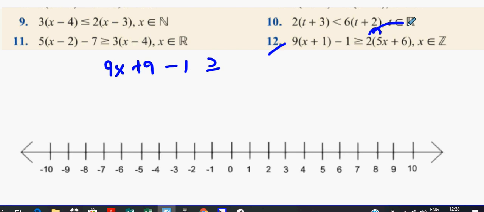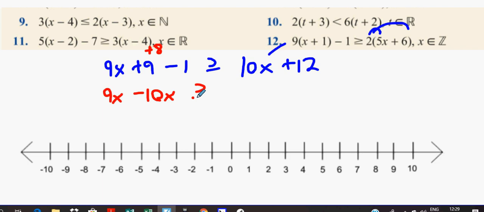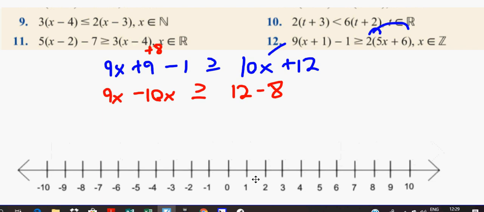Everybody see all I'm doing is standard maths, yeah? Nothing fancy. Now there's a trick in here that I'm going to show you. That's 9 minus 1, 8. 9x take away 10x greater than or equal to. Bring the 8 over to your side. Now here's the trick I'm going to use.